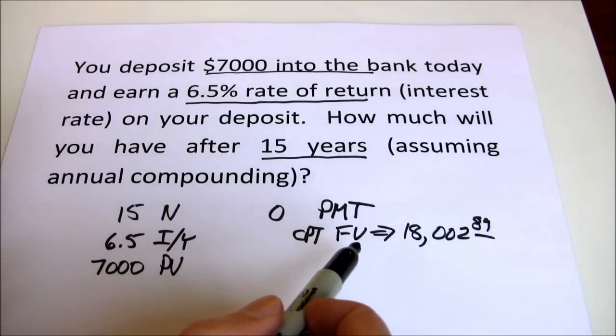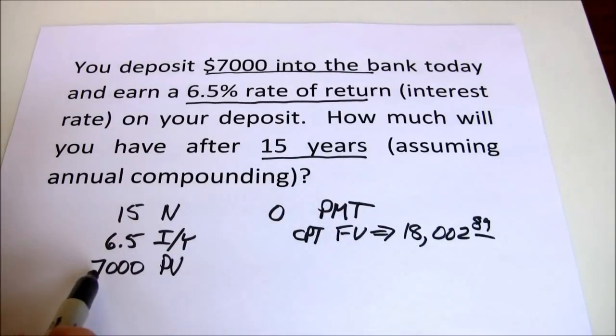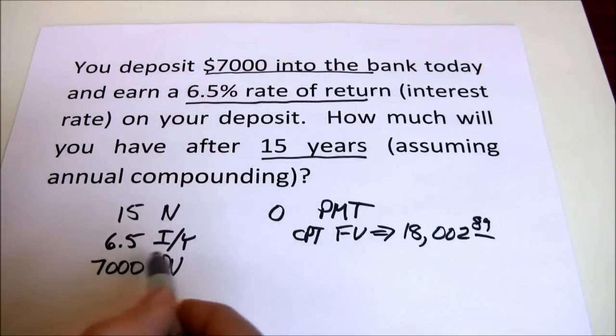It paid back 18,000. Now, we didn't worry about which direction things were going in this problem because we know whether we are us or the bank, and we know if we give up 7,000, we're going to get back 18,000. So I didn't make it negative.